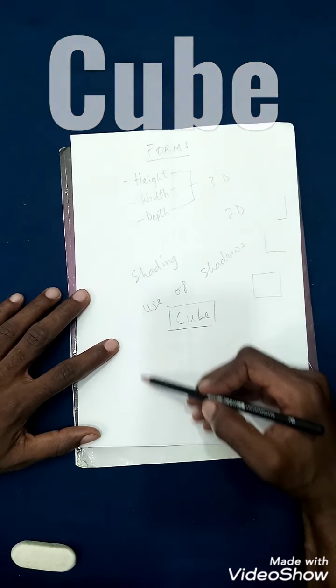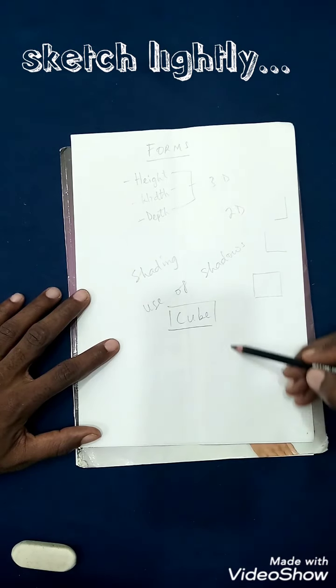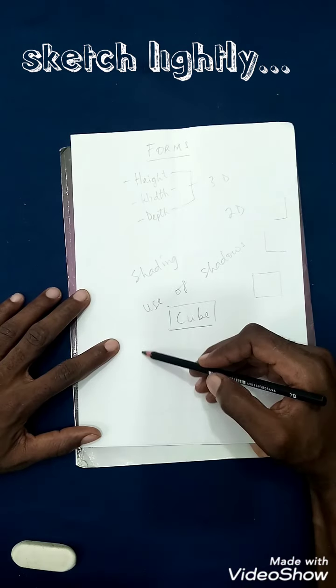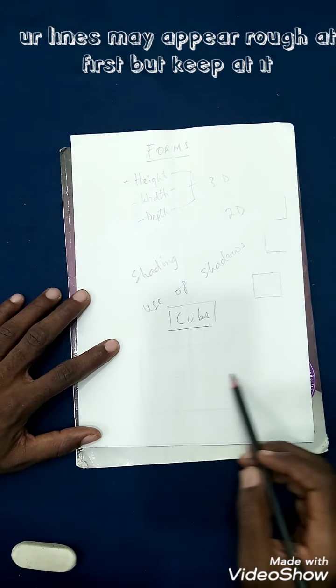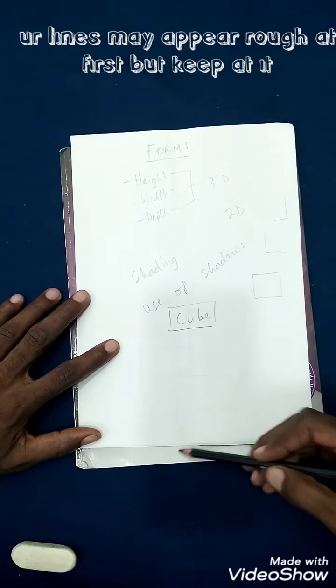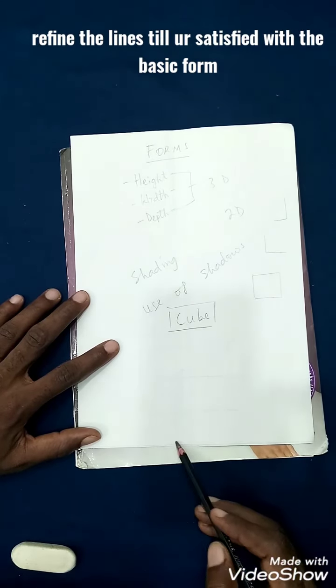This is the first square that I will be sketching out. When you are sketching, you can see the way I'm sketching my lines. The lines may look rough, but it's just a sketch. You'll be finalizing your drawing when you get the form you are looking for in the sketch. So I'm drawing another cube right now.